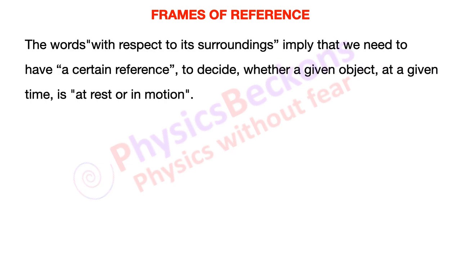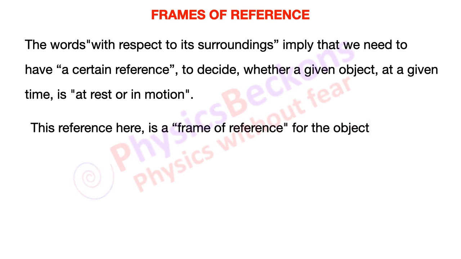The words with respect to surroundings imply that we need to have a certain reference to decide whether a given object at a given point of time is at rest or in motion. This reference here is a frame of reference for the object under consideration.